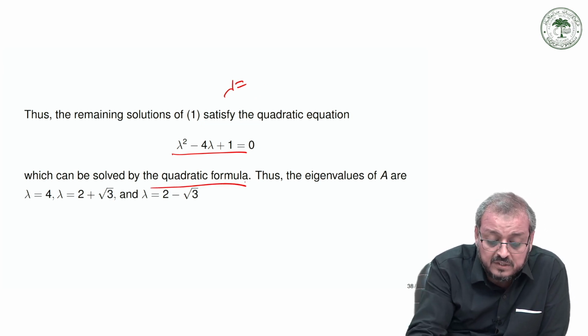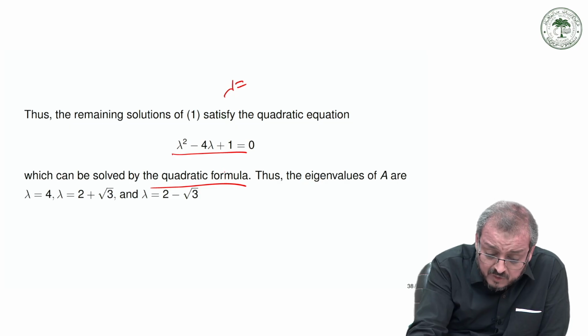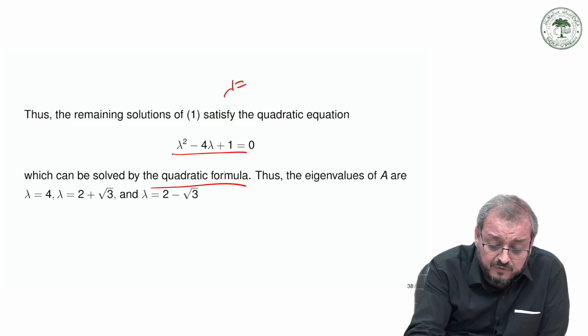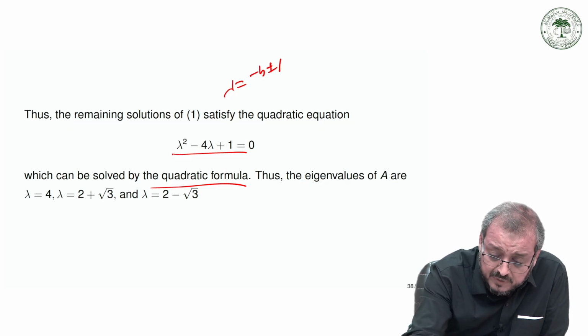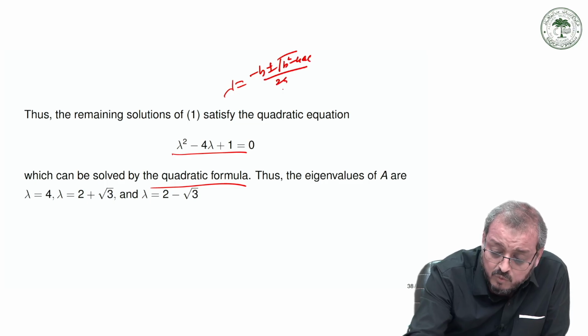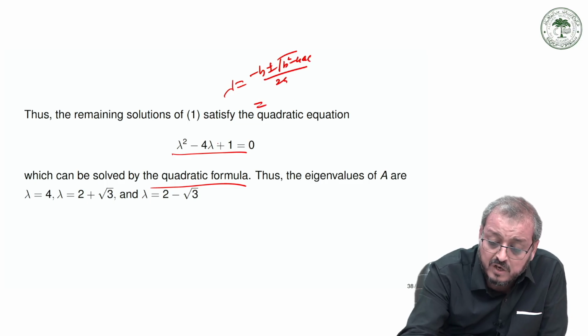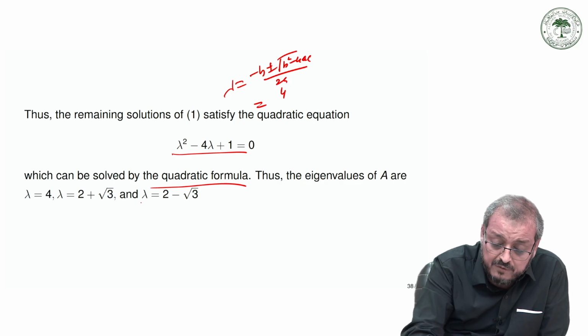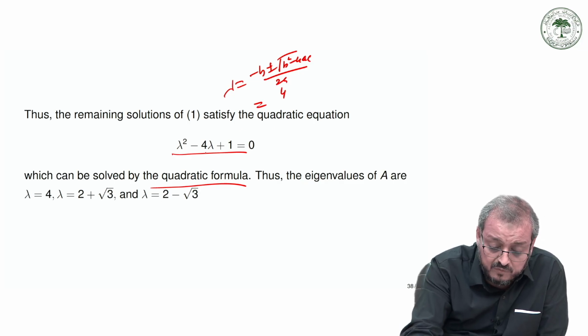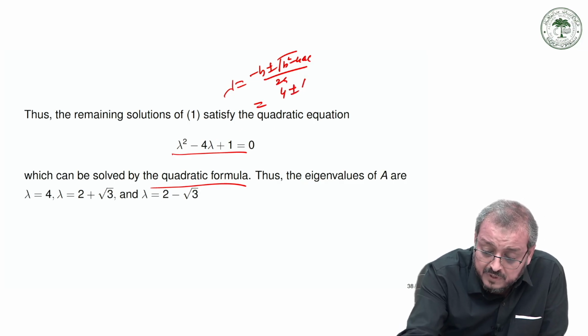We can write lambda is equal to minus b plus or minus the square root of b squared minus 4ac, upon twice a. So b is equal to minus 4, and you have lambda is equal to 4 plus or minus the square root of 16 minus 4 times a into c.